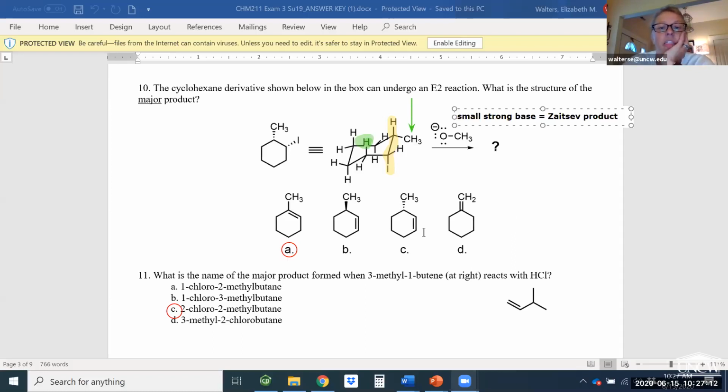So B and C are what happens if you would use a different base to make the Hofmann product. D is impossible because it's too far away. That carbon would be like a gamma carbon, gamma hydrogen. So it would be A here. Okay, 11 we did.